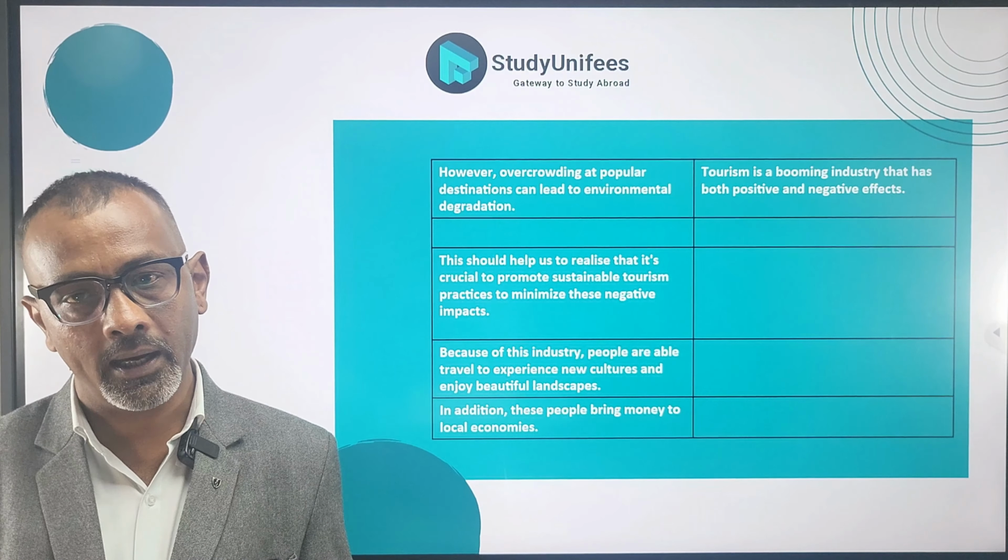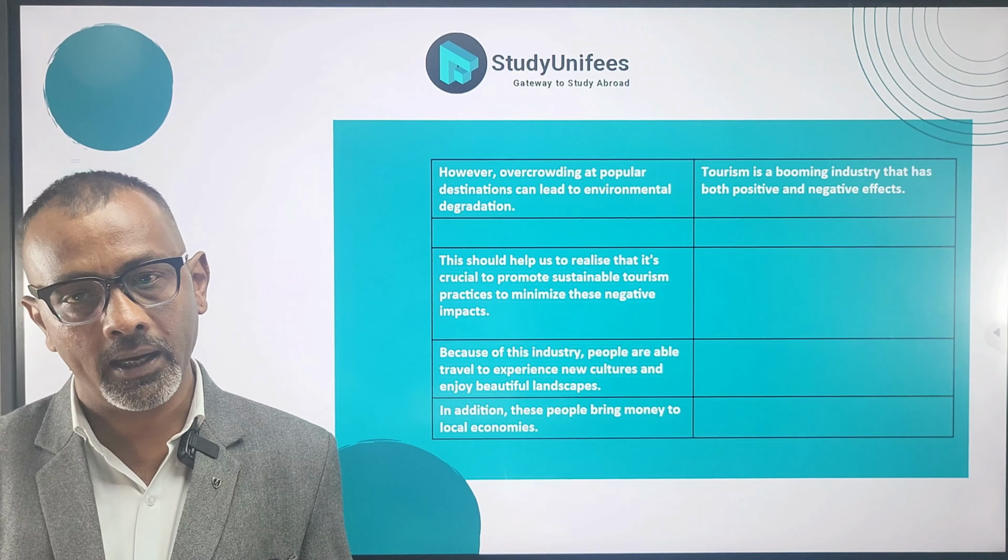Now, the second sentence says, free primary and secondary education is provided by many countries. Therefore, we should look for a sentence that follows this up efficiently. The second sentence, this helps promote literacy and empower people to make informed decisions, refers back perfectly to free primary and secondary education. Why?